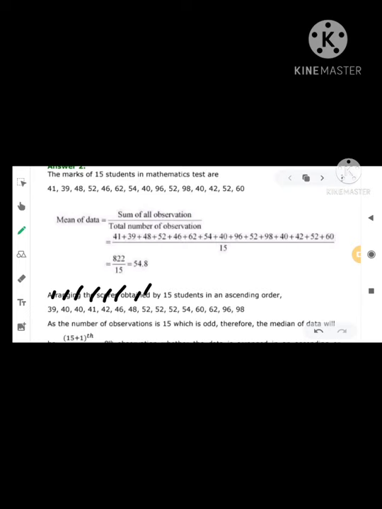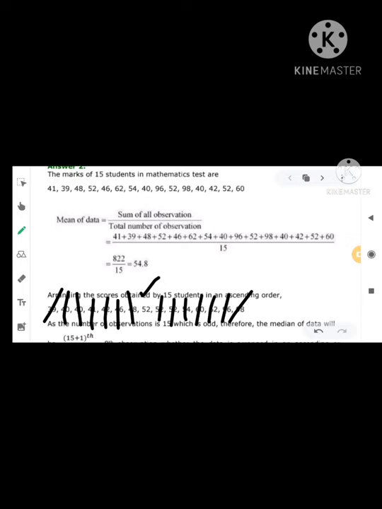Otherwise, if the count is an odd number, you can use the cancellation method. In a competitive examination, you cancel the first one and the last one, then the second and the second from last, then the third, then the fourth, and so on. Finally you get one value. So this is the 8th observation, and 52 is the median by cancellation.